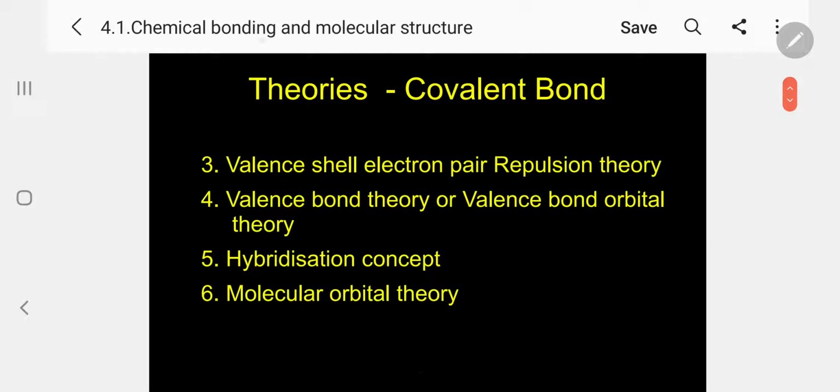Valence shell electron pair repulsion theory, 4. Valence bond theory or valence bond orbital theory, hybridization concepts, and molecular orbital theory. So all these theories should be studied to understand the covalent bond. Please follow.